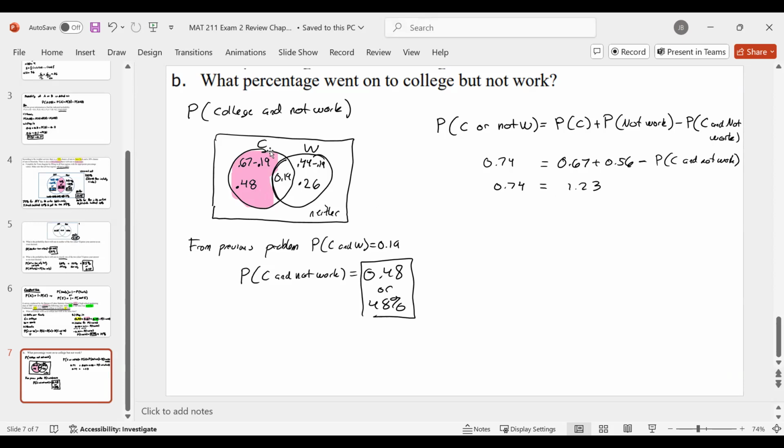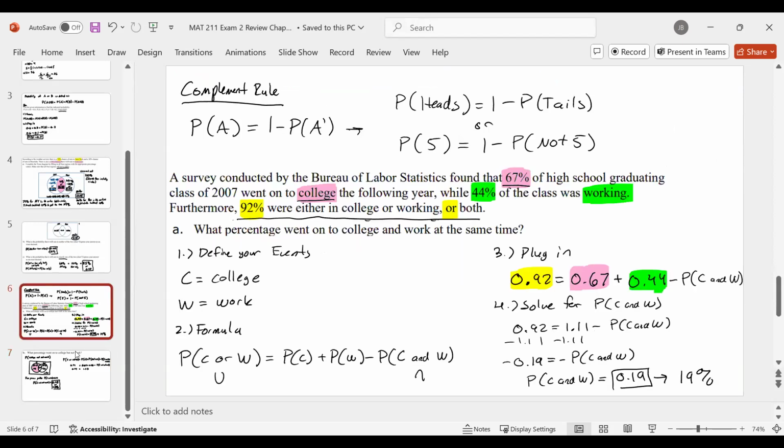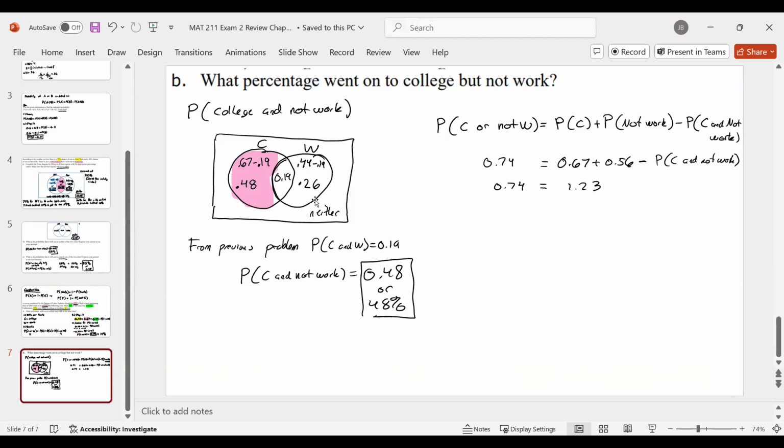Actually, college and not work. I just want to make sure that adds up correctly. 67. That should be fine. And then 1.23 minus 0.74. We get negative 0.49. I think I must have misadded something, so give me 1 second while I figure out what I did.